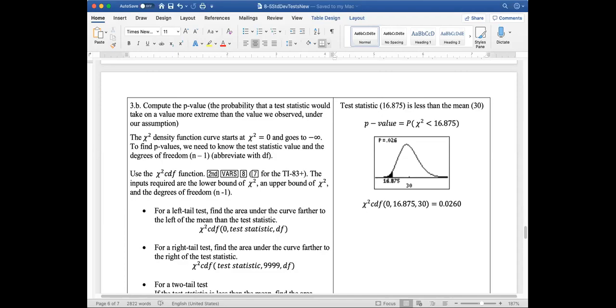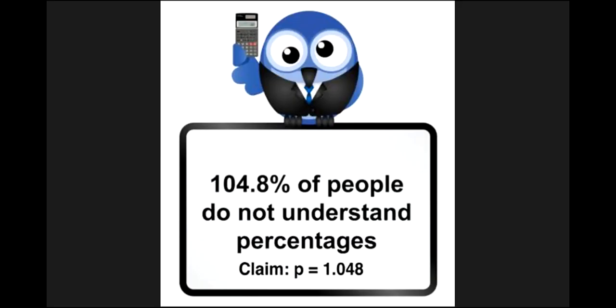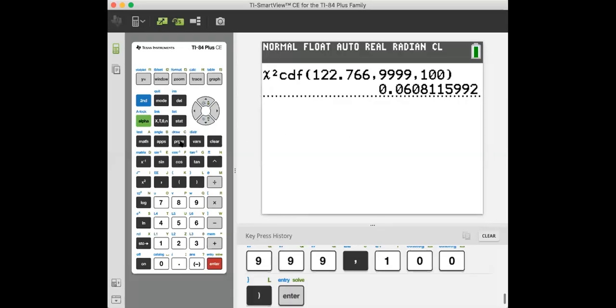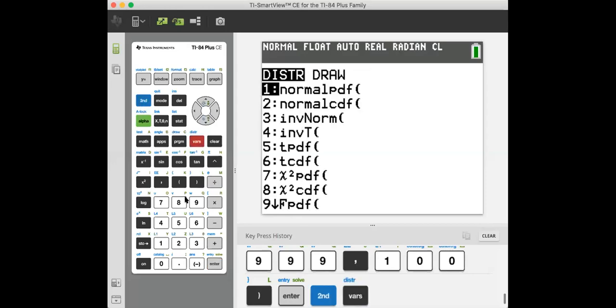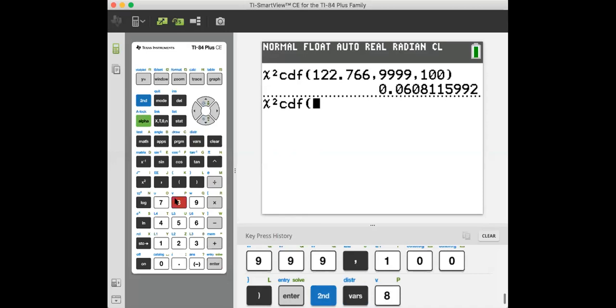So our chi-squared CDF is going to look like this. We're starting at 0 on the left, coming up to the test statistic, which was 16.875.